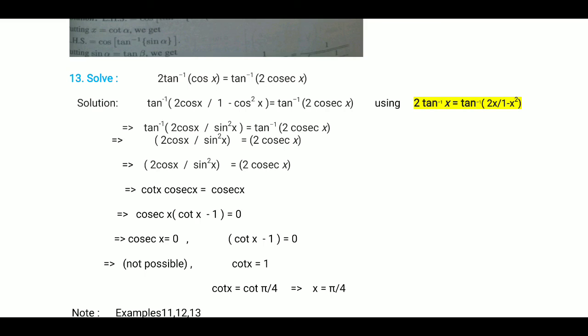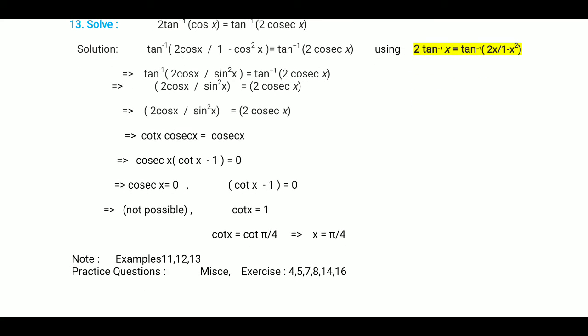Now taking one side and taking common cos x, we get cos x bracket cot x minus 1 is equal to 0. Now product of 2 is 0, so one of them must be 0. So here we get either cos x is equal to 0 or cot x minus 1 is equal to 0.